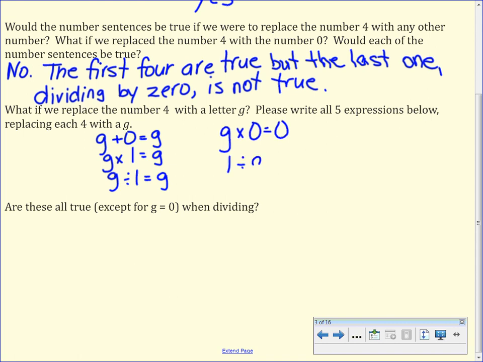And 1 divided by G equals 1 divided by G, because remember, the fraction bar means division, right? So are all of these true except for when G equals 0 when dividing? Yes, as long as G does not equal 0.